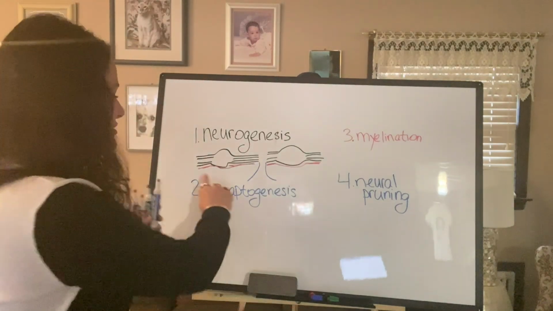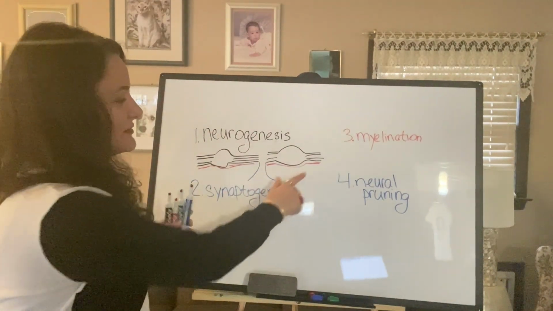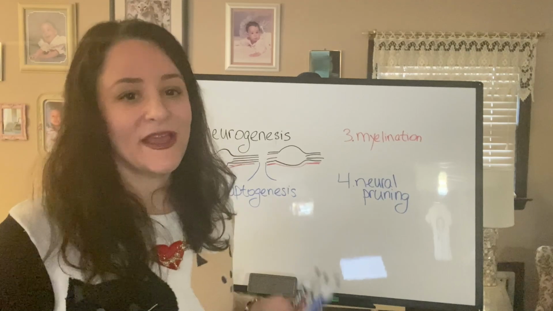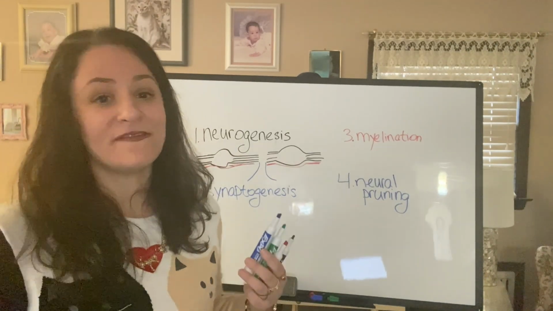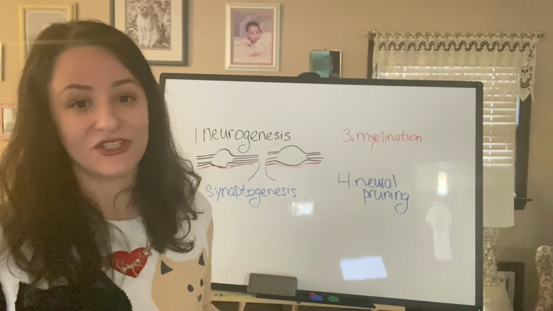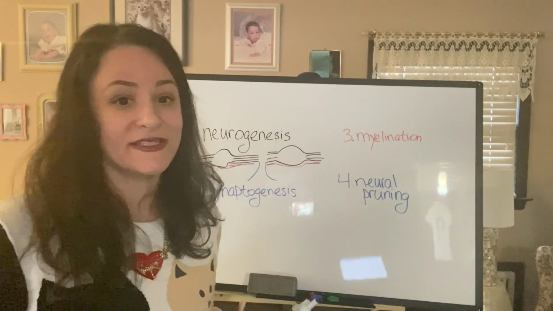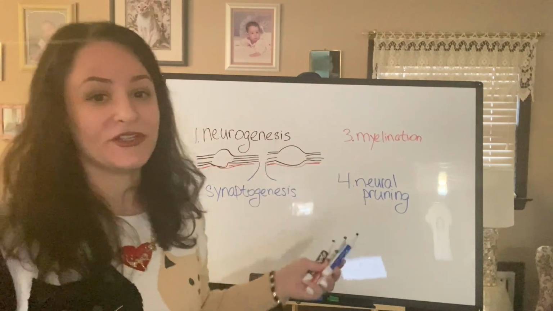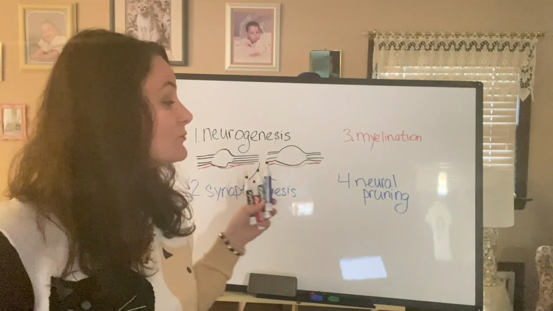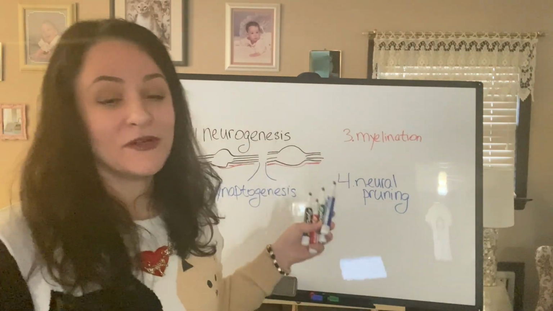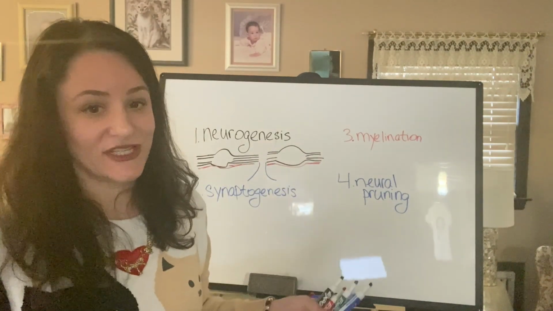So myelin, which is outlined in red here on the outside of the nerve cells, are fatty layers insulating the neurons, and when present, they allow for essentially faster and more efficient transmission or communication between the nerve cells. And finally, the fourth is neural pruning, which is a process where the brain will actually remove some of those unnecessary neural connections.